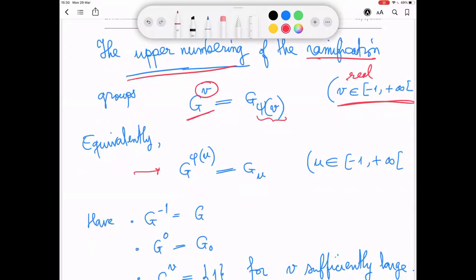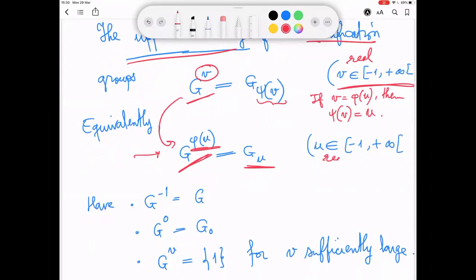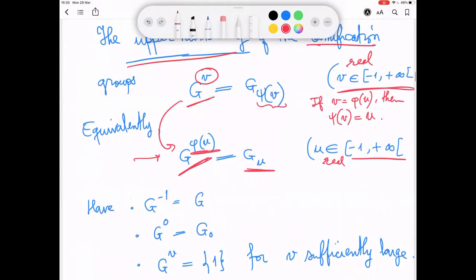If V is equal to phi of U, then psi of V is equal to U. So this gives you another equivalent way of expressing this: G upper phi of U is equal to G lower U for every real U greater than -1. Okay, so that's the definition of the upper numbering.